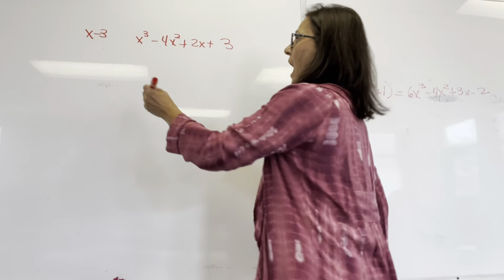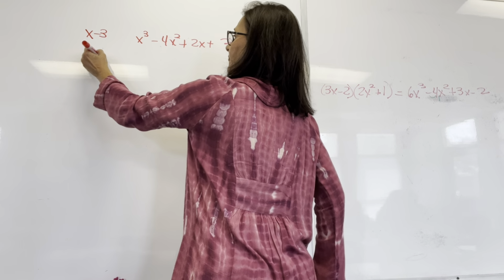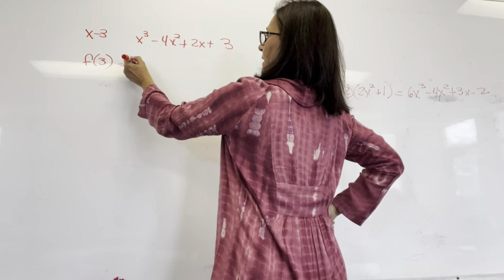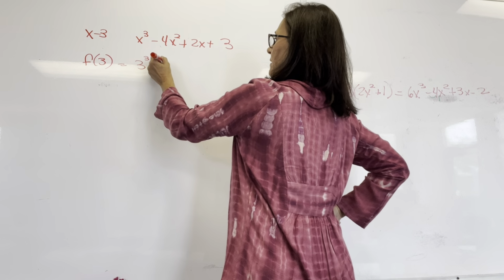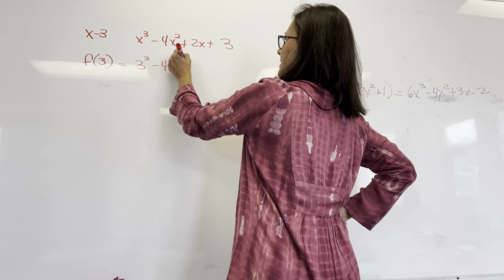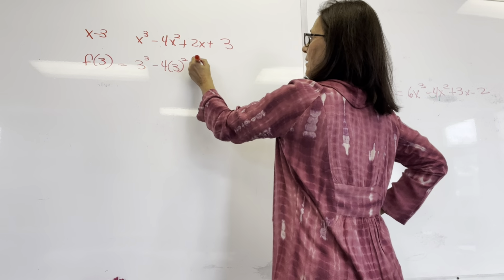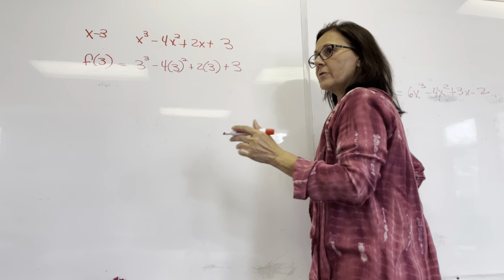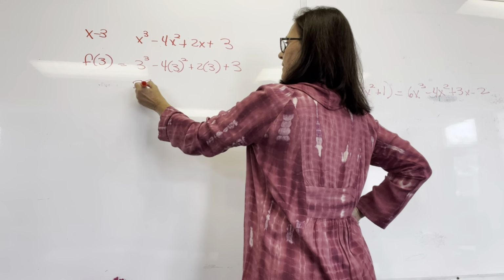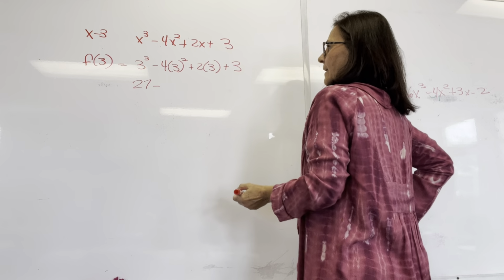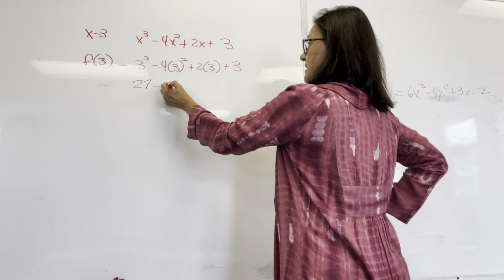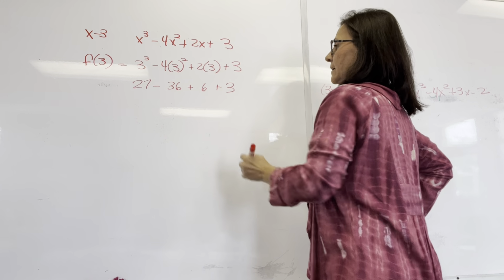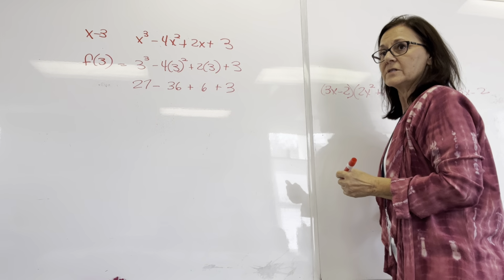Yes. I can plug f of 3 into this function. So that's 3 cubed minus 4 times 3 squared plus 2 times 3 plus 3. Isn't 3 cubed 27? That's 9 times 4, which is 36. That's 6. That's 3. Does that equal 0? Yep.